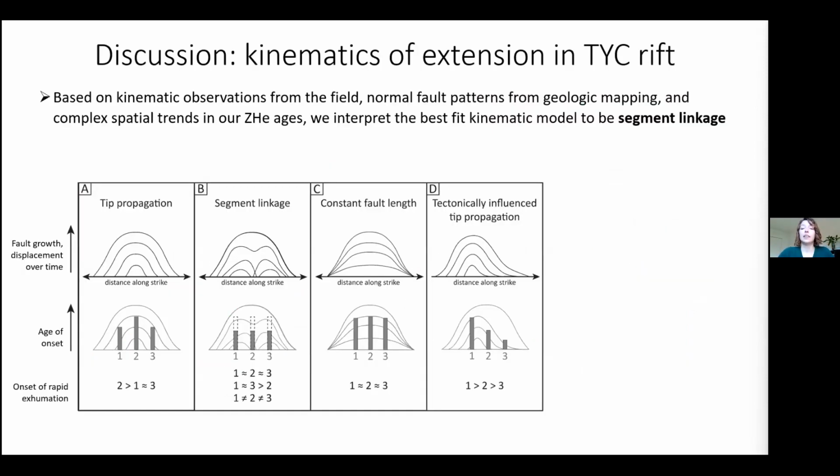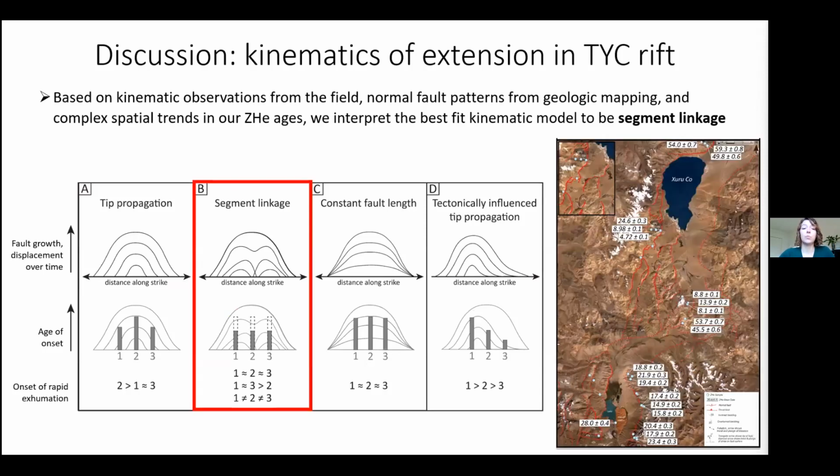So based on the kinematic observations from the field, normal fault patterns from geologic mapping, and spatial trends in our zircon helium ages from this and previous studies, we interpret the best fit kinematic model to be the segment linkage model. This model predicts similar normal fault map patterns to what we see in the Tangra Yumco rift, and also allows more variability for the spatial distribution of the age of extension onset.